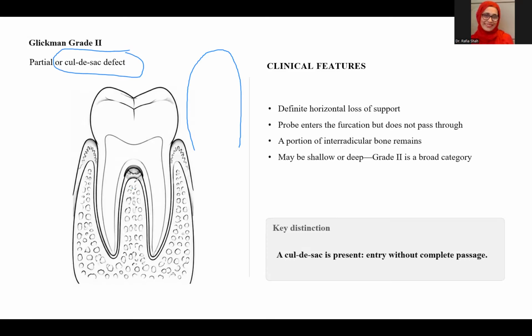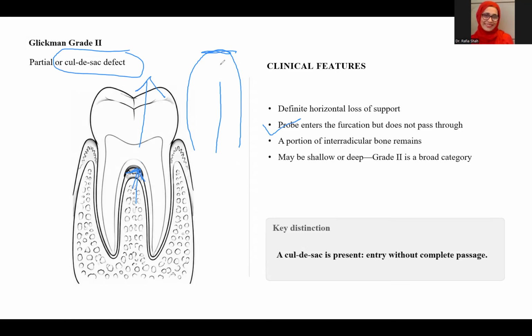It means there is interradicular bone loss present. Our probe can enter nicely, but if I put the probe from the buccal side, it does not come out from the lingual side. There is some bone present that hinders the probe.